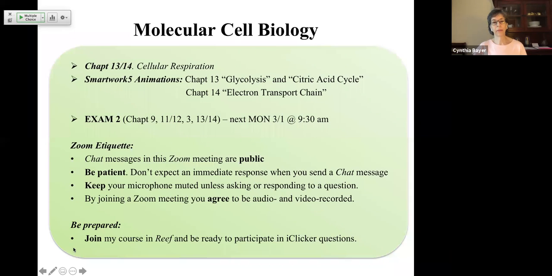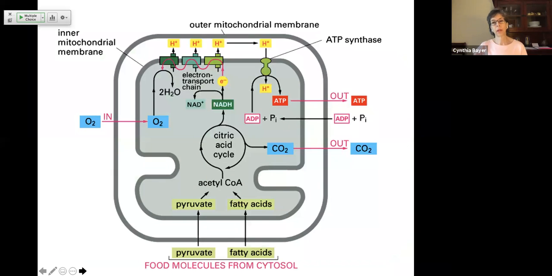And we will pick up where we left off on Monday in the mitochondria. We described the process of glycolysis, the production of pyruvate as a product of the 10 steps of glycolysis in the cytoplasm.